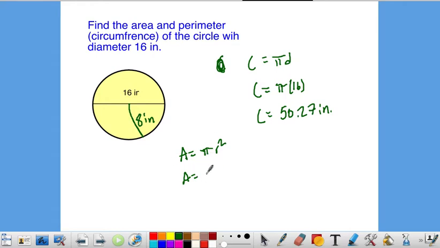We get 201.06 square inches. For circles, all you're really doing is using the formulas and plugging numbers in. It's never really much more complicated than that.